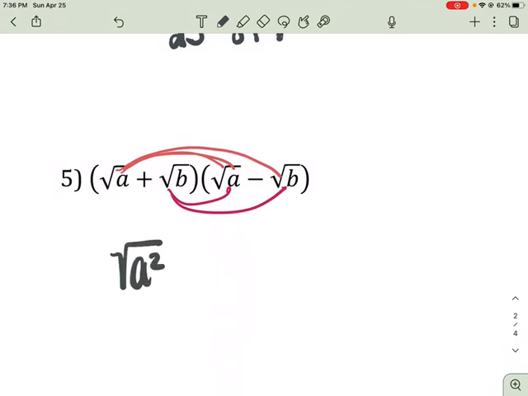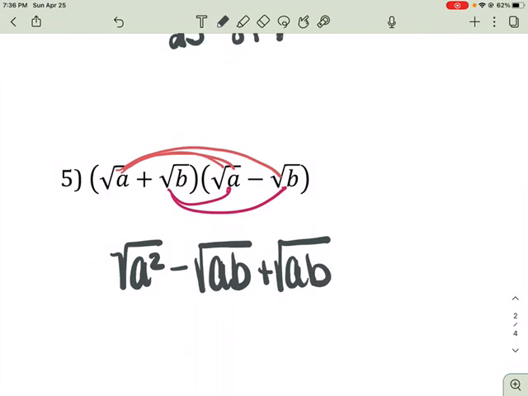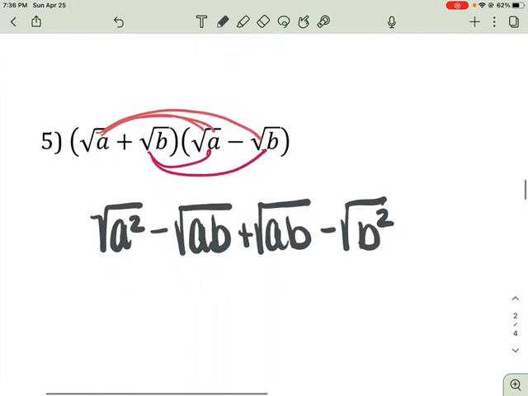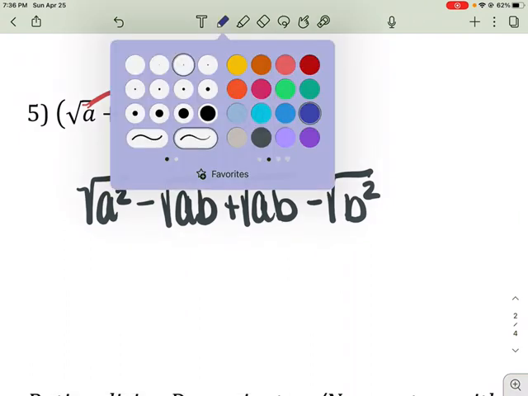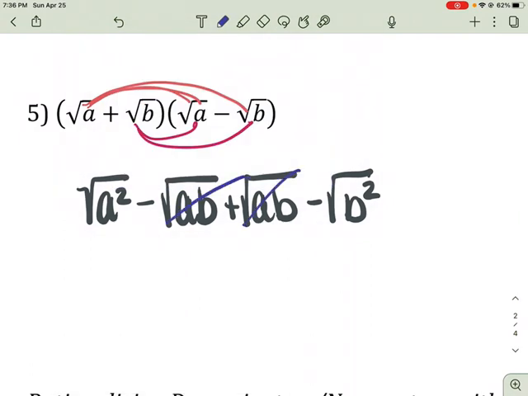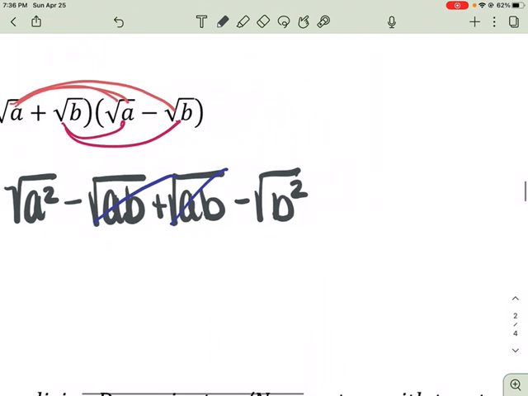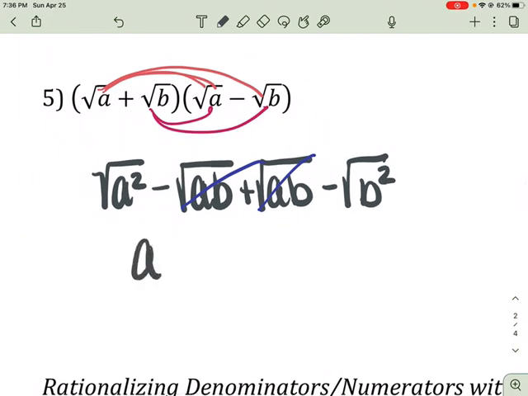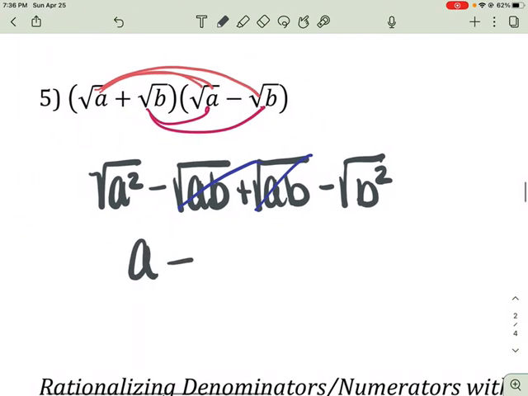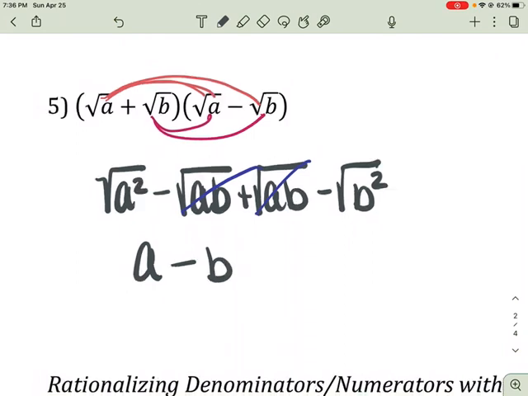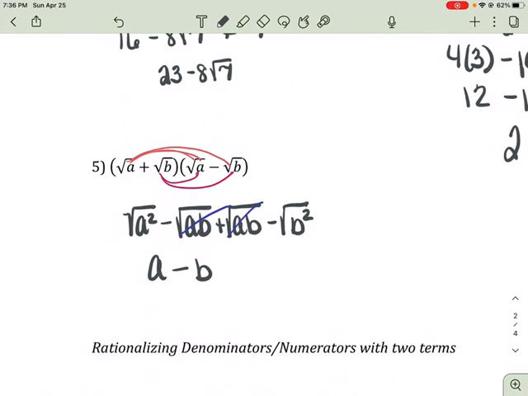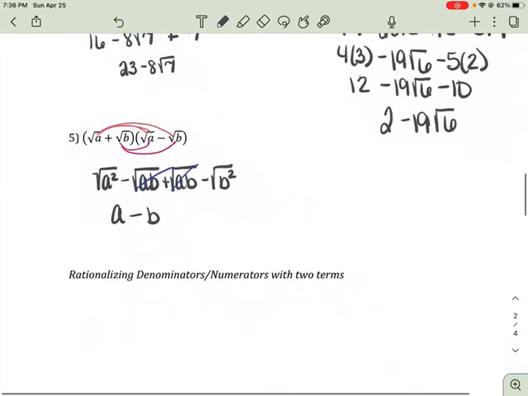So the square root of A squared, right, because A times A is A squared, minus the square root of AB, plus the square root of AB, minus the square root of B squared. Well, that's interesting. These cancel out. 1's plus, 1's minus. Square root of A squared is A, minus the square root of B squared, which is B. Cool. In fact, that's important.